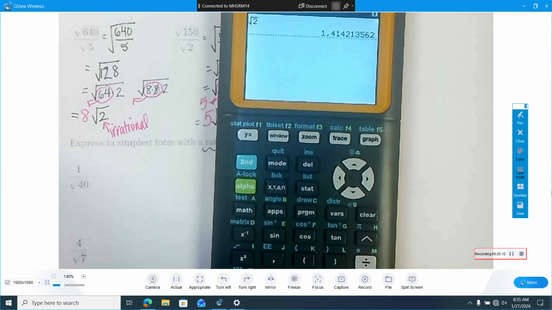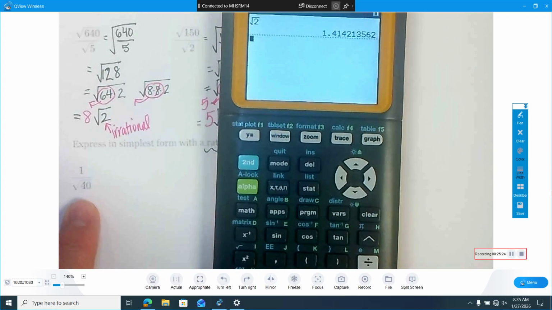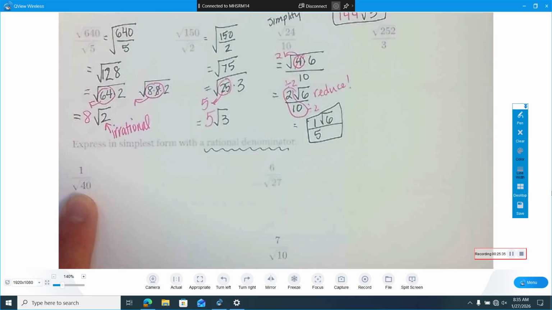It doesn't repeat. It has no pattern. Well, patterns don't matter, but it goes on forever and it doesn't repeat. It is crazy irrational. All right? We are not allowed to have irrational numbers in denominators. At least that's what they've said for the past 100 years before we had calculators.